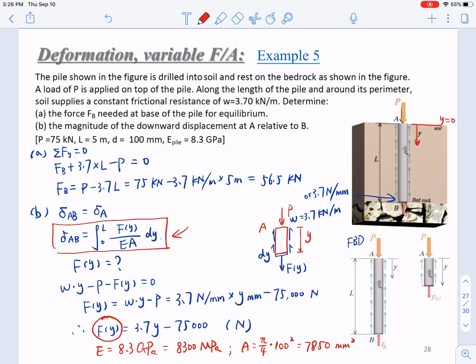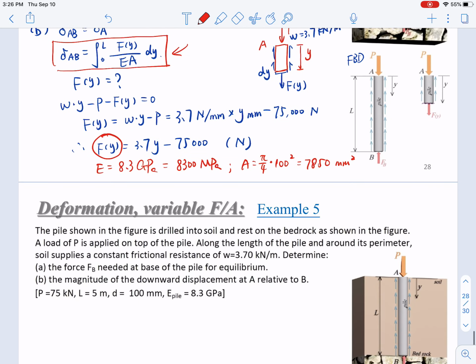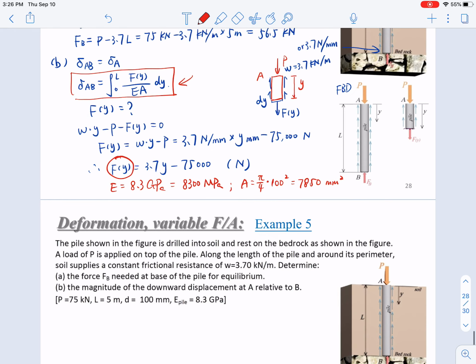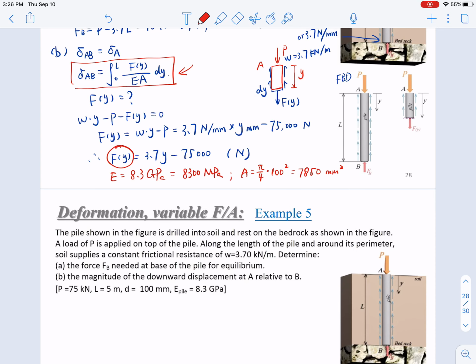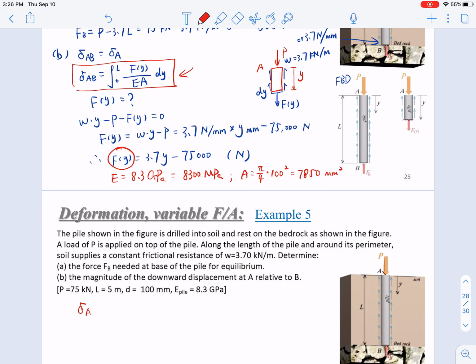So we can rewrite this equation that we can get delta AB equals integral 0 to L of Fy over EA dy, so that is 0 to L is 5 meter, and here since we're using millimeter, MPa, Newton, we're using this system, so 0 to 5,000.